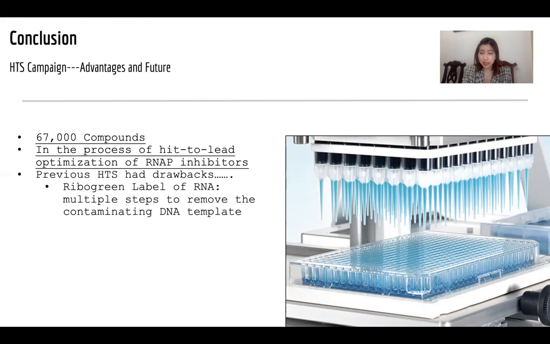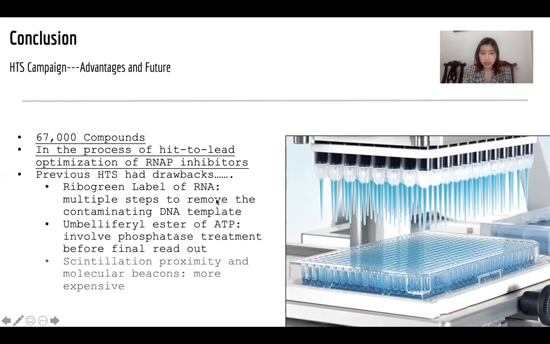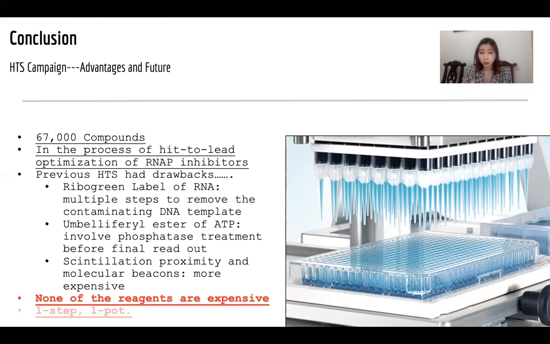The previous HTS had multiple drawbacks, including multiple steps, and it was more expensive. But in our fluorescence assay, none of the reagents are expensive, it is one part, one step, and hit to lead is promising. The researchers in this paper used rifampin as the RNAP inhibitor, and they got quite promising results.